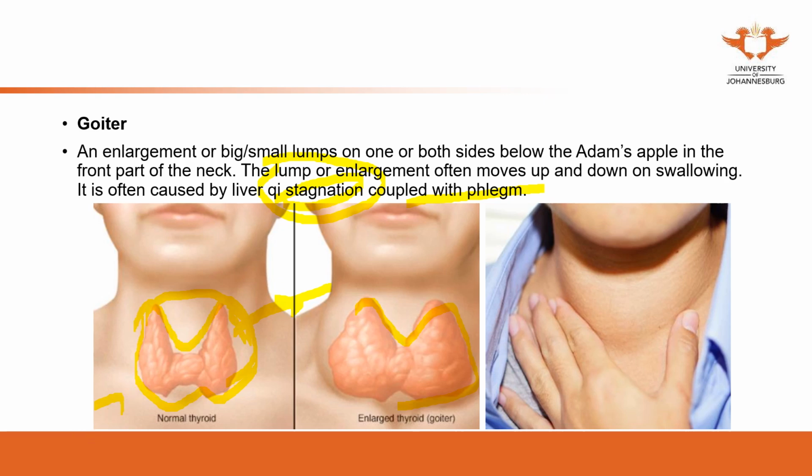What can stagnate the qi? This can be phlegm, which is more common, and for phlegm you can also see it from the tongue. In future, we're going to study tongue diagnosis, so you will know what is the cause of this enlargement in individuals.